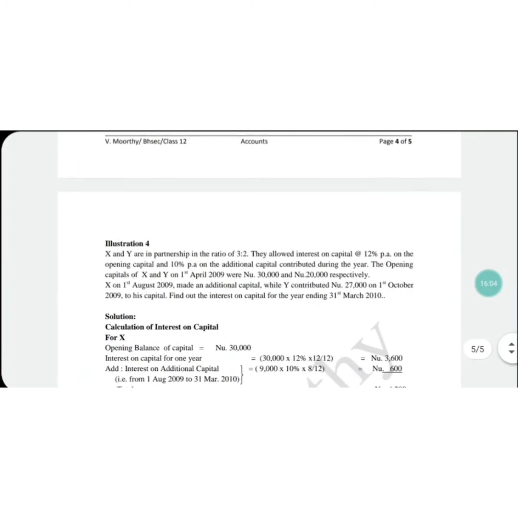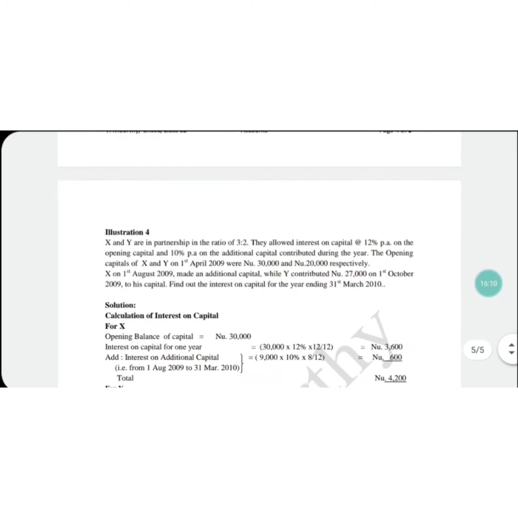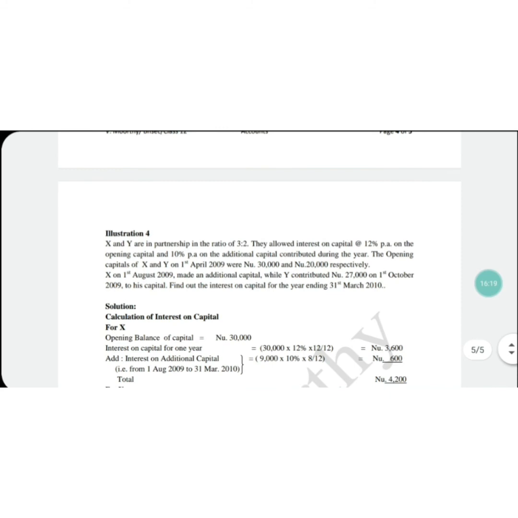And we can see a little more illustration based on the interest on capital. X and Y are in partnership in the ratio of 3:2. They allowed interest on capital at the rate of 12% per annum on the opening capital and 10% per annum on the additional capital contributed during the year.